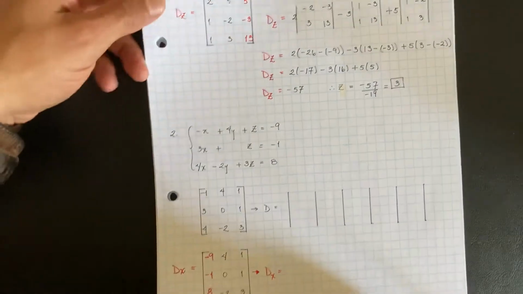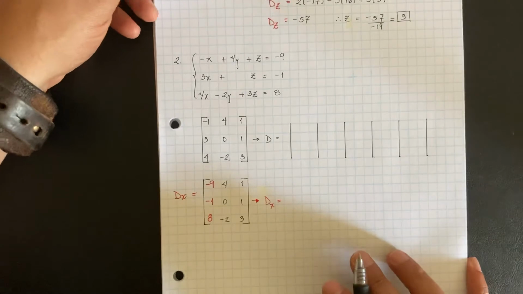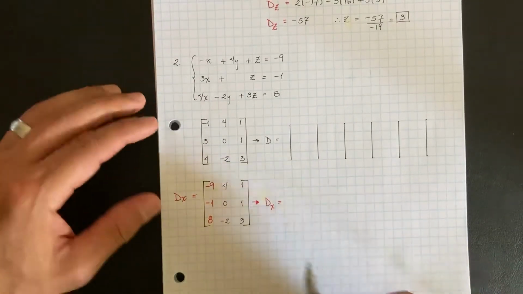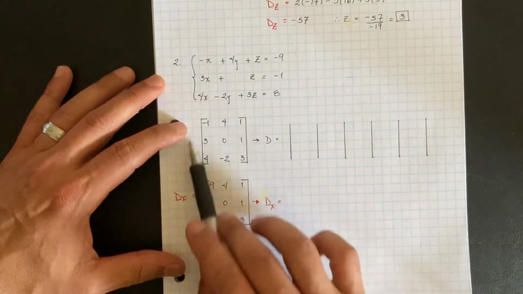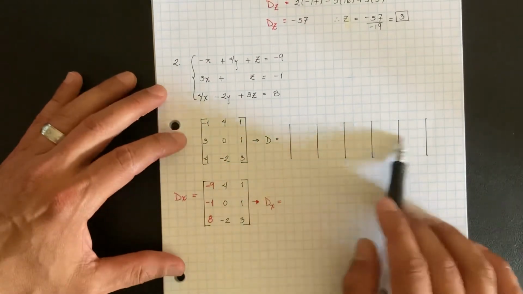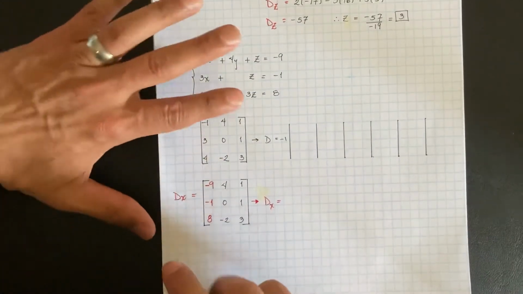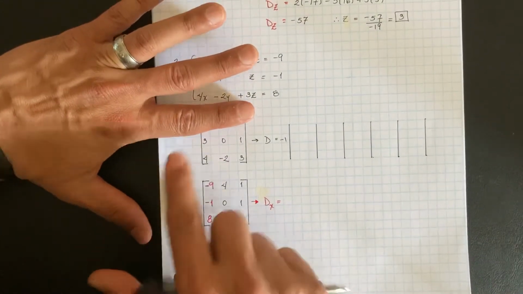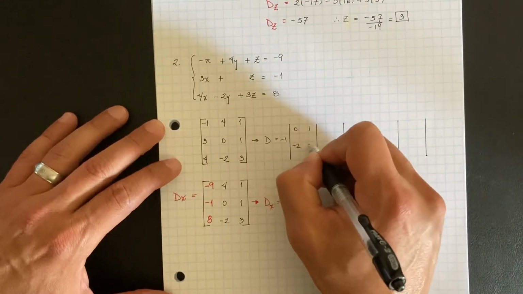I want to go ahead and do just one more. I set up the coefficient matrix. I'm going to see if I can do it now. I'm going to start off with negative 1 right here. Cover it up, first row, first column. So we get 0, 1, negative 2, 3.